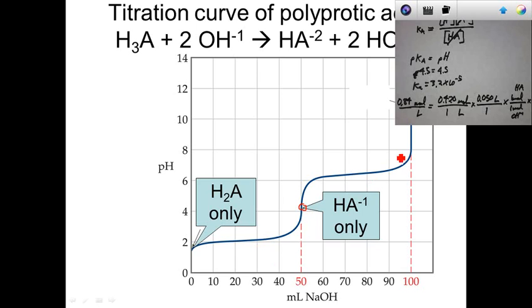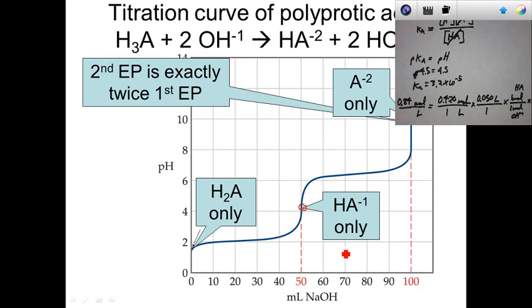The second endpoint is going to be right over here, where we've lost our second hydrogen, and if you need a better picture you can look in your notes. The second endpoint is exactly and always double the first endpoint. So if this is 50, this could not be anything but 100, because you're going to have the same mole-to-mole ratio.